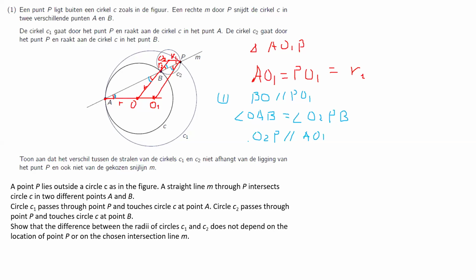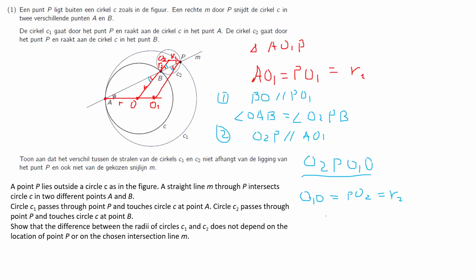So from the two pairs of parallel lines, we show that O2PO1O is a parallelogram, right? And from here, we know O1O equals PO2, which is the radius of the second circle.